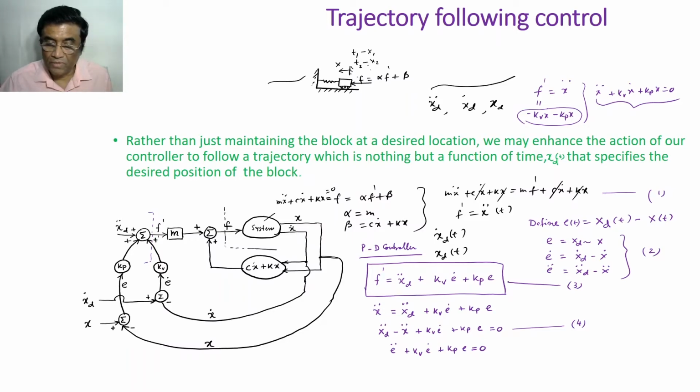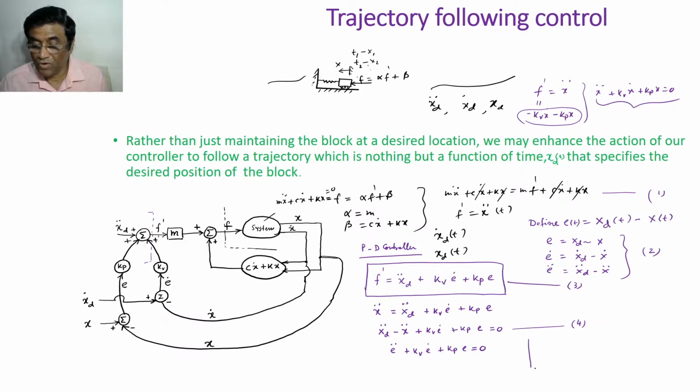Okay, so f dash equals to x double dot equals to, this is the way I have defined. Why have I defined this? Because I want the control law in the error domain to be a second order system with these positive terms. Why? Because throughout several lectures you have studied second order systems.